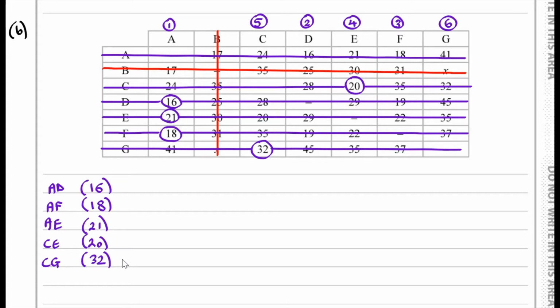And then we add on the two smallest lengths from the arcs from the vertex we started at, which was B. So the two smallest ones, you'd find those to be 17, which corresponds to BA, and then we have 25 as well, which corresponds to BD.